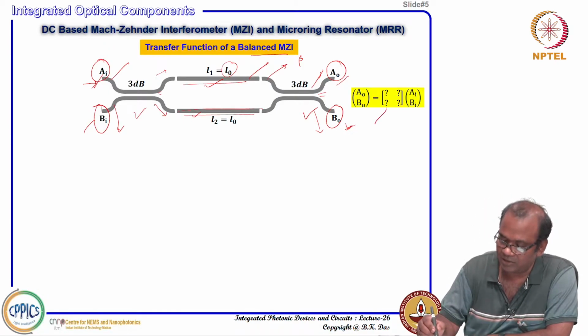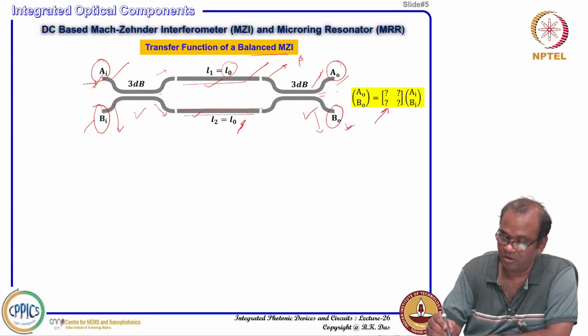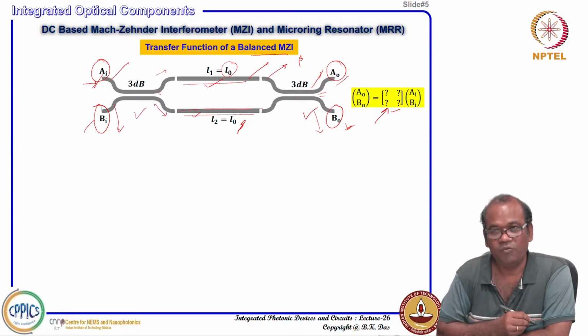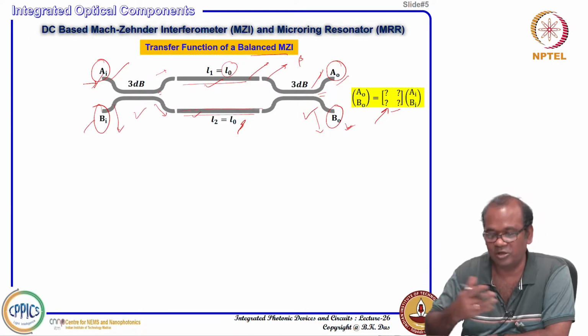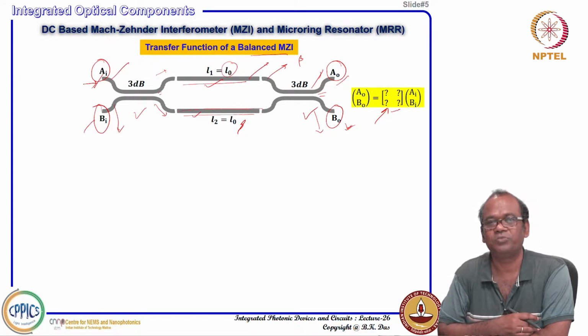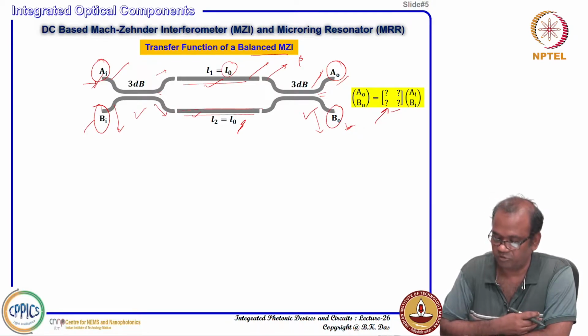If you can derive some kind of transfer matrix for this entire structure, that means [A0, B0] should be a 2 by 2 matrix multiplied by [AI, BI], then you can use some linear algebra for constructing more advanced photonic integrated circuits using this type of structure. This is a very important structure, useful for large scale integration of programmable photonic integrated circuits as well.